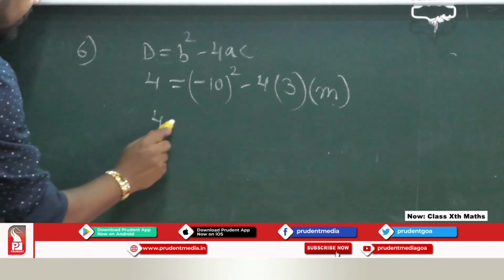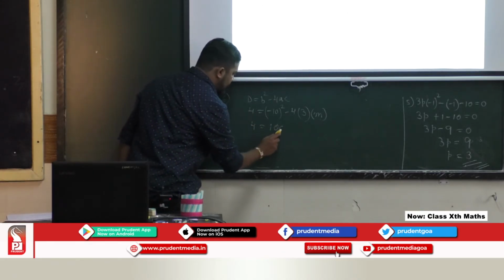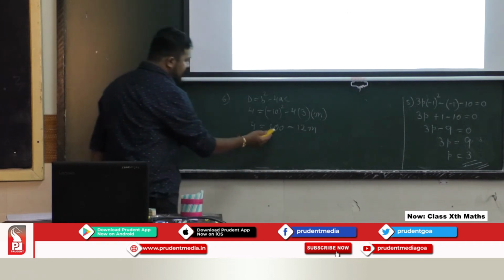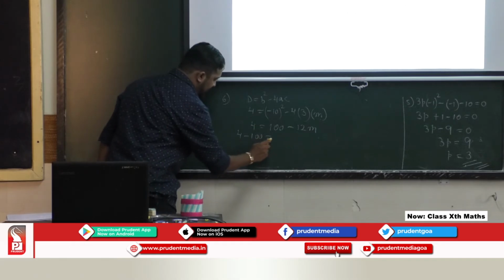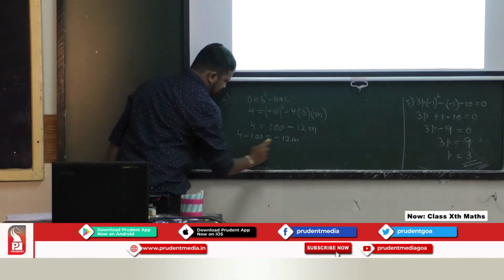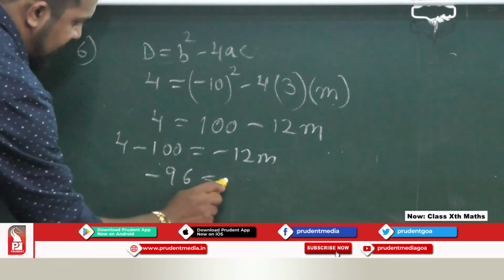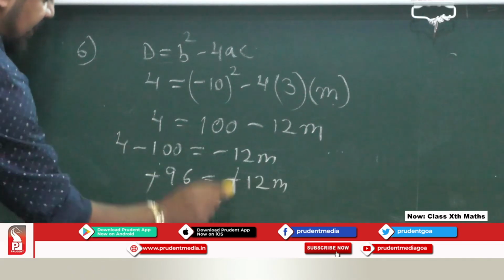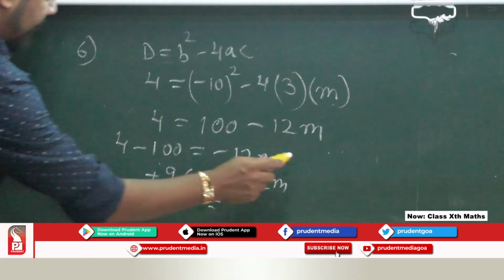So 4, again negative 10 square, 100, 4 3s are 12m. Again I will take the 100 on this side. So 4 minus 100 will give 96, minus 12m. Minus cancel. 96 divided by 12.